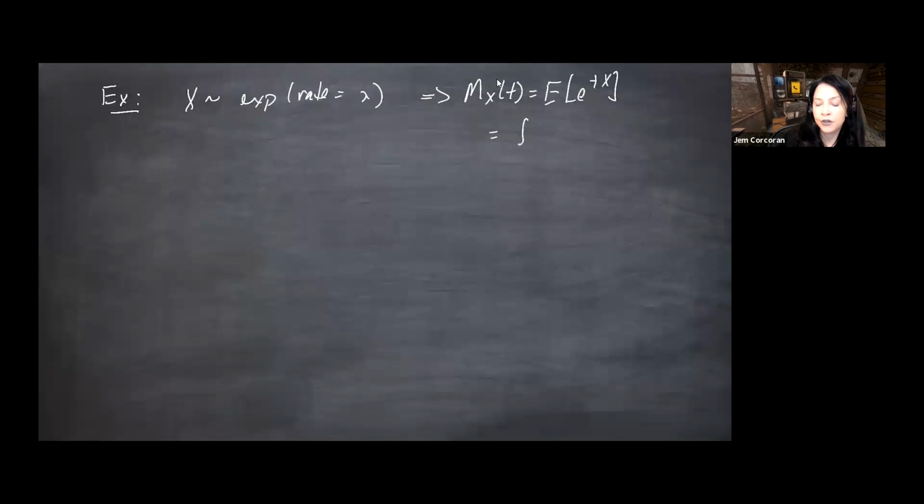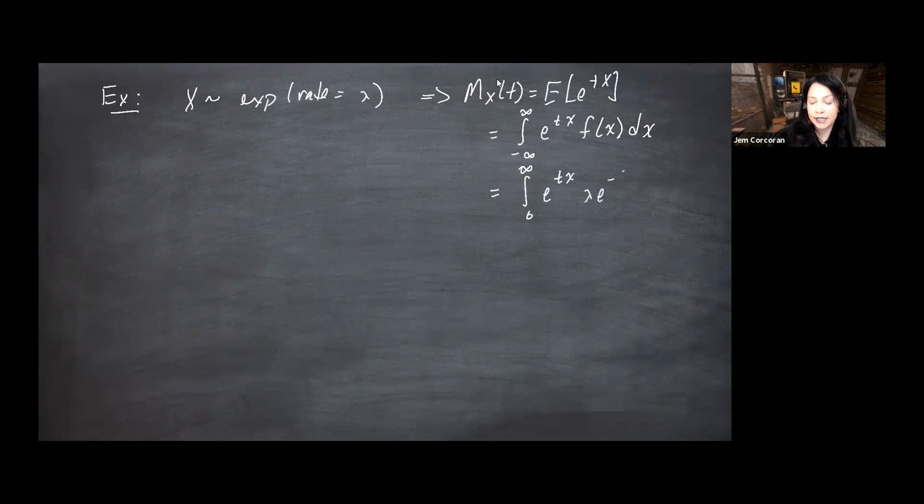And this is the integral in general from minus infinity to infinity of e to the t little x times the PDF for the x's. And this is the integral from 0 to infinity of e to the tx, and then the PDF is lambda e to the minus lambda x dx. And I would combine the e's and write this as the integral from 0 to infinity of lambda e to the minus lambda minus t of x dx.